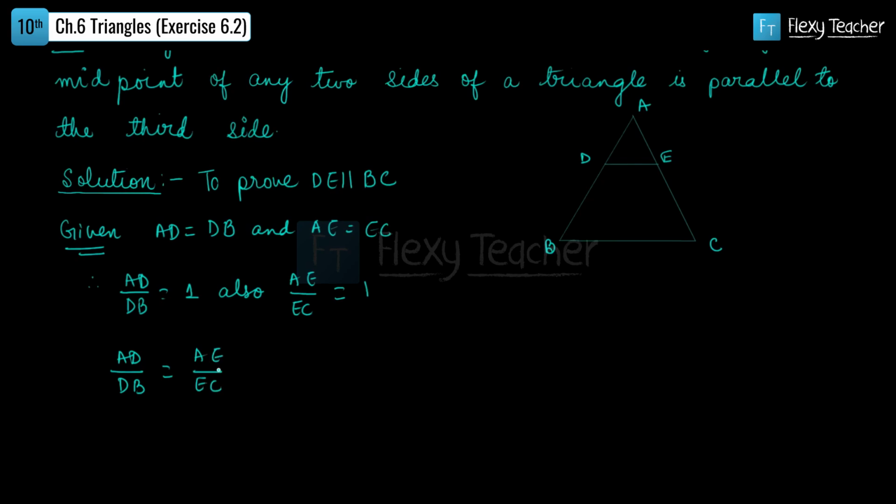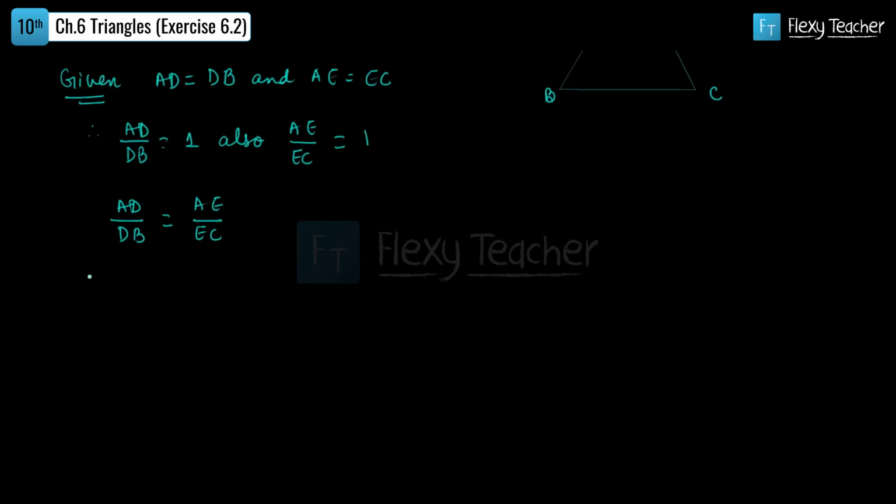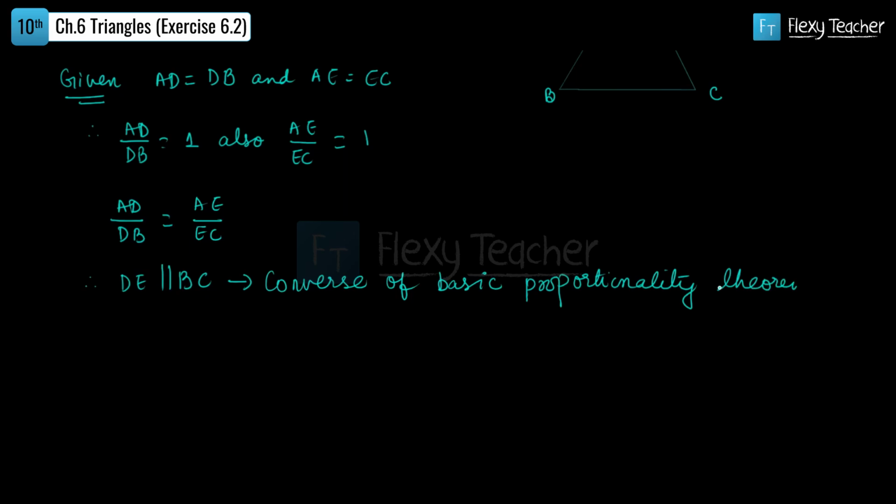Okay, so with the help of the converse of the basic proportionality theorem, that is theorem 6.2, we can now conclude that DE is parallel to BC because these two ratios are equal. Therefore, DE is parallel to BC, converse of basic proportionality theorem. Okay, hence proved.